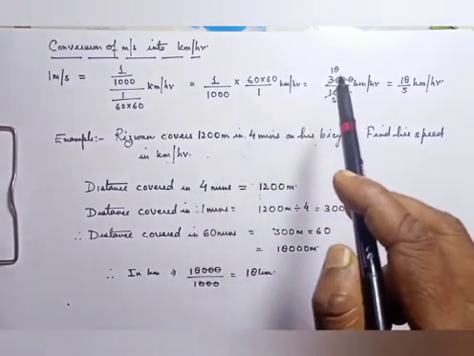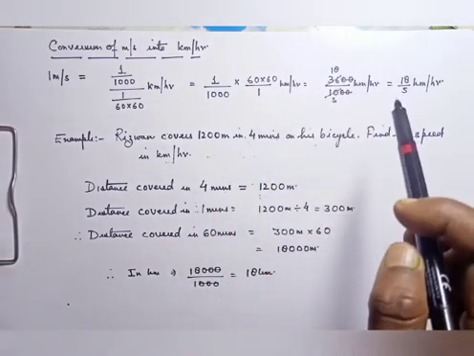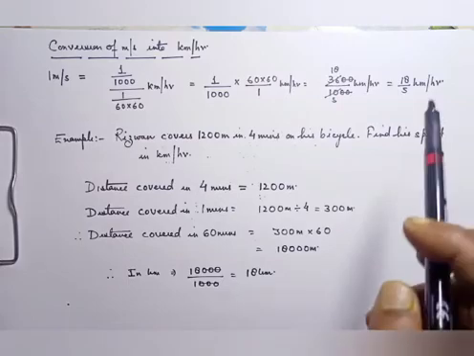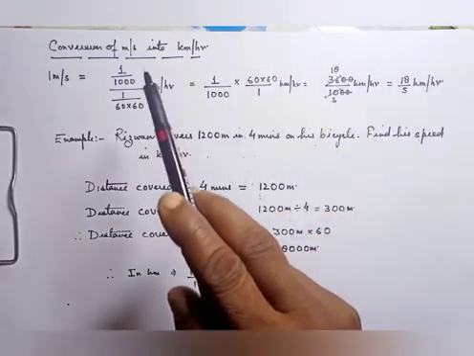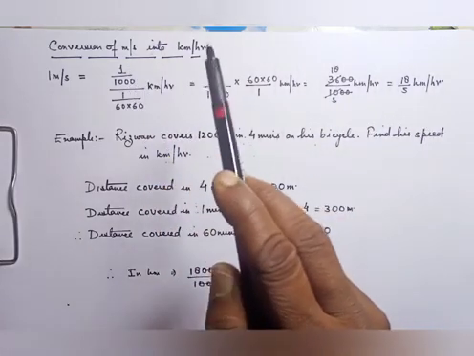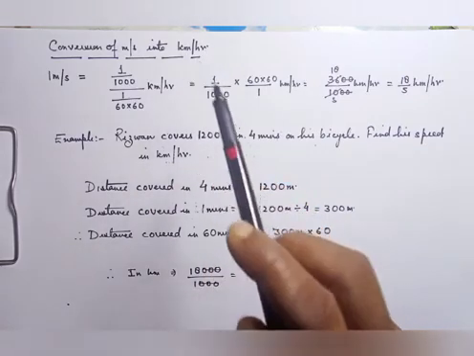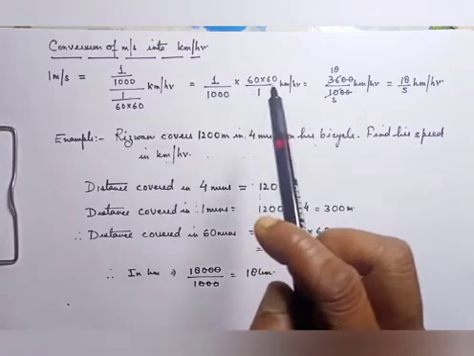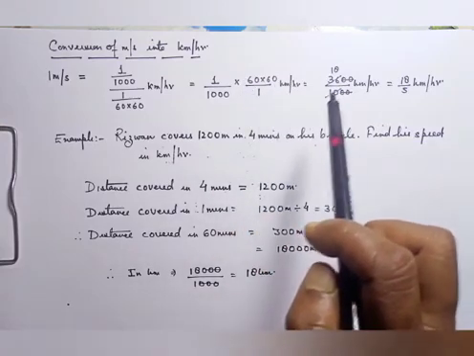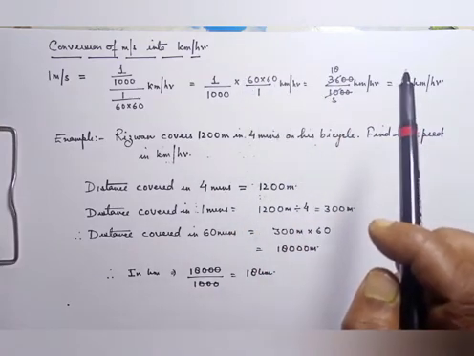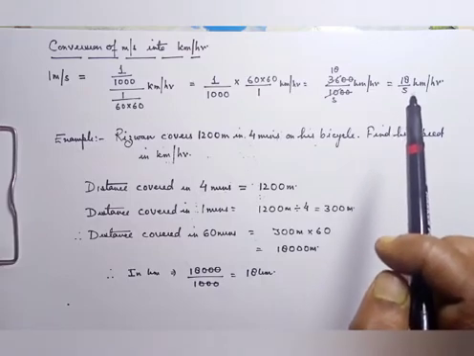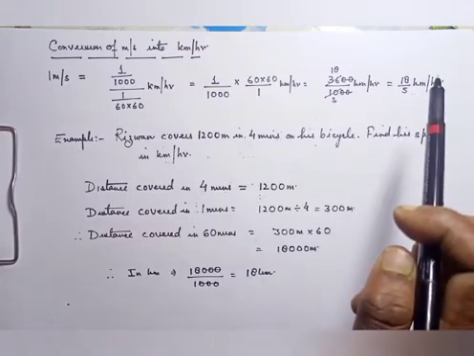When we simplify it, we get 18 upon 5 kilometer per hour. This means if the speed is given in meter per second and you have to convert it into kilometer per hour, then simply you are going to multiply that value of speed by 18 upon 5 to get the answer in kilometer per hour.